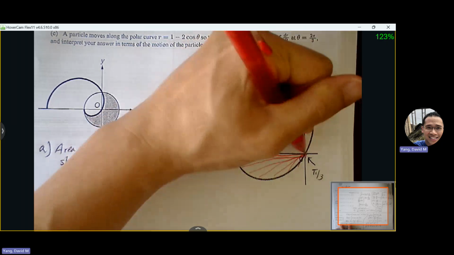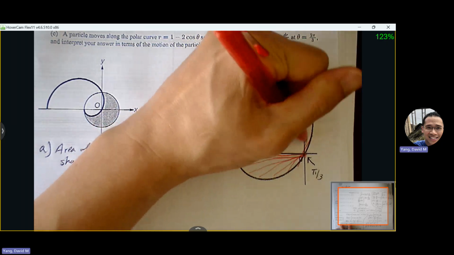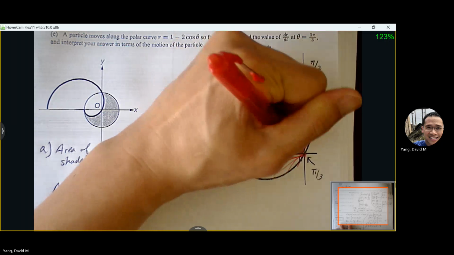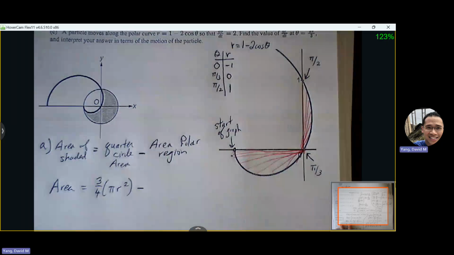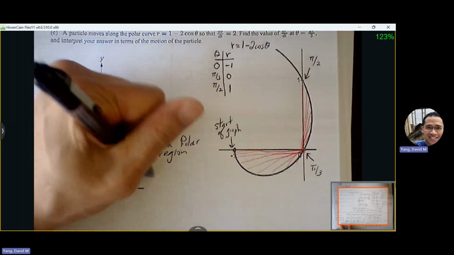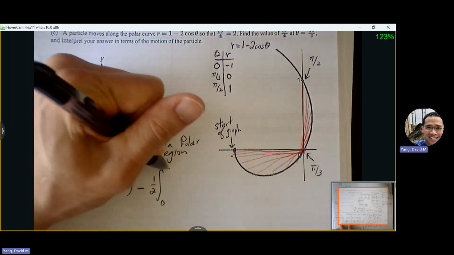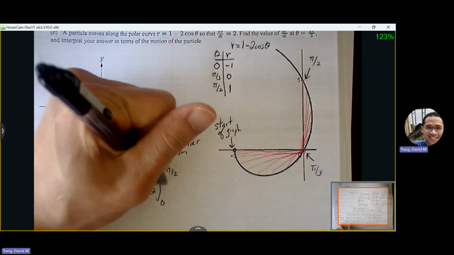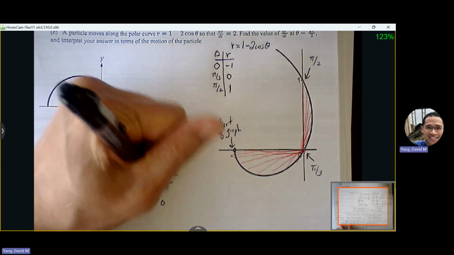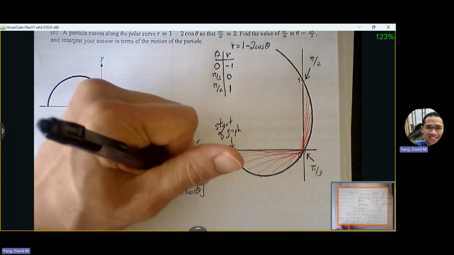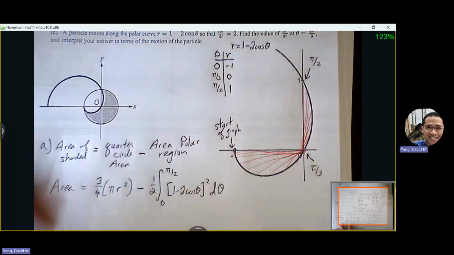And then after this, it's going to keep going until it gets to pi over 2. So our area formula for that region will just be 1/2 definite integral from 0 to pi over 2 of r squared d theta, and we know r is our 1 minus 2 cosine theta, squared, d theta.